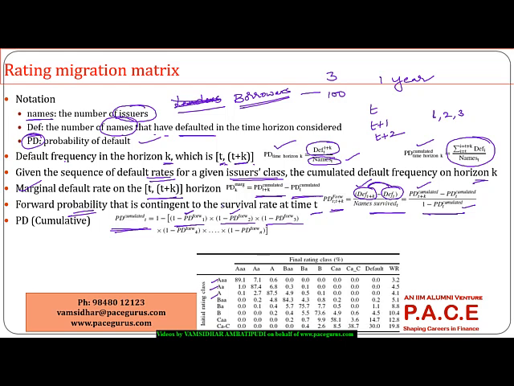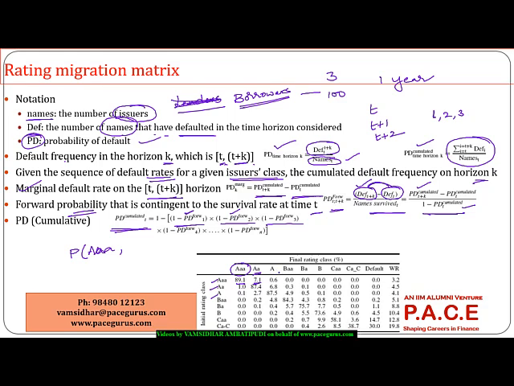Now this is how I'm looking at a rating migration matrix. Based on that, I can find out the probability that a firm initially in a triple A rating class will stay in triple A within the next 1 year, which is 89.1%. But the probability that it will go to AA is 7.1%.